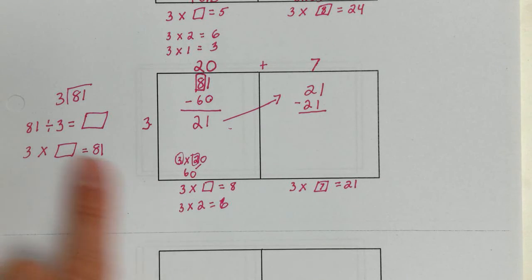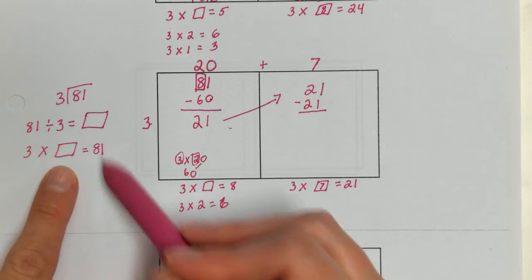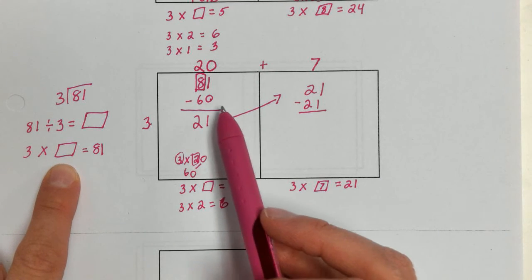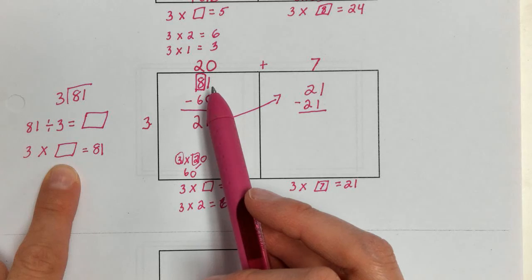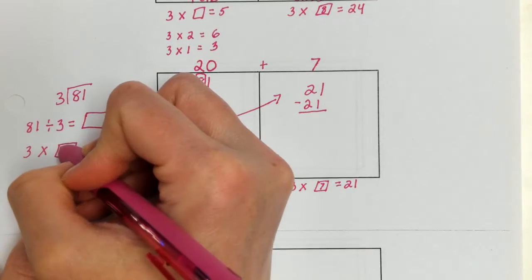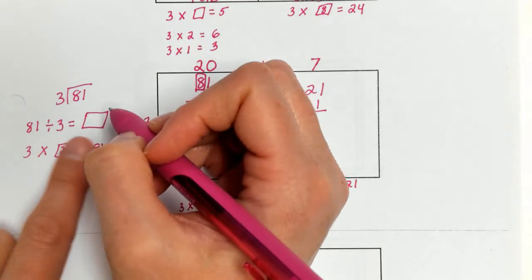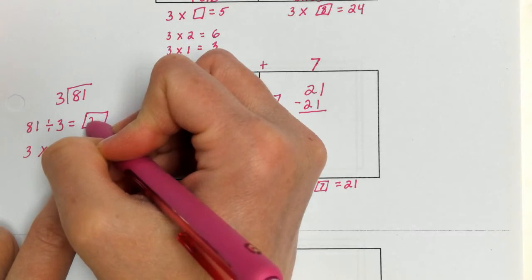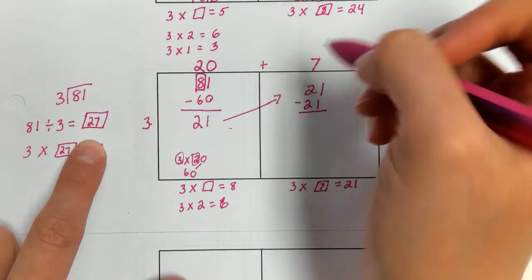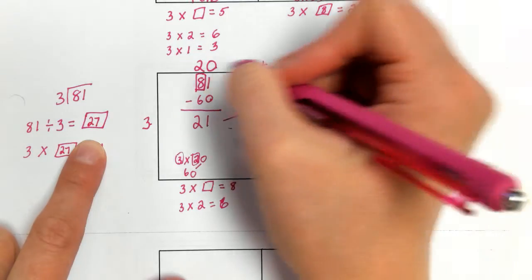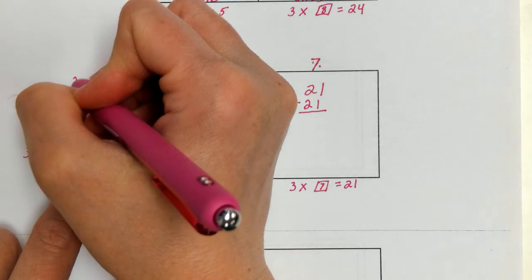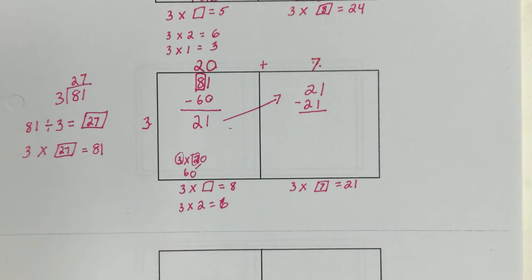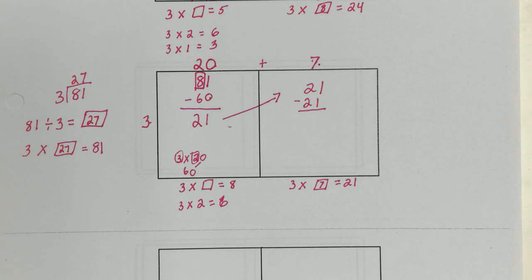No. So, what is my mystery number? 3 times what will equal 81? 27. So 81 divided by 3 equals 27. Now take my numbers from up here. And then it would look like that when I write it. Okay?